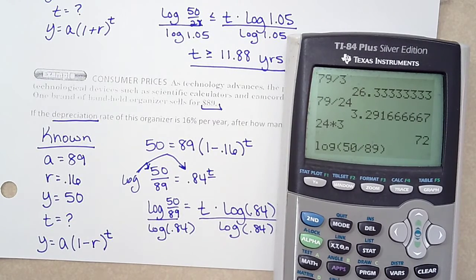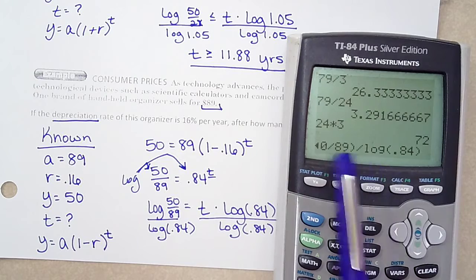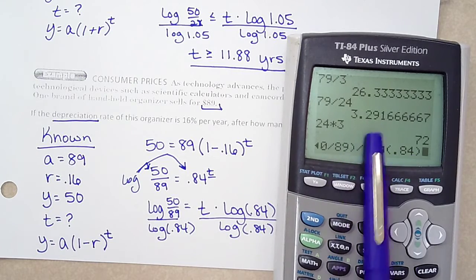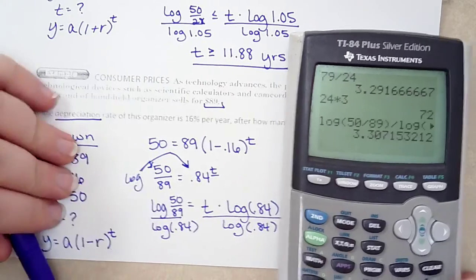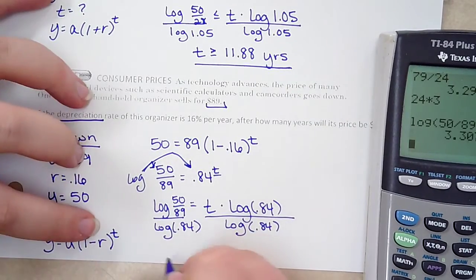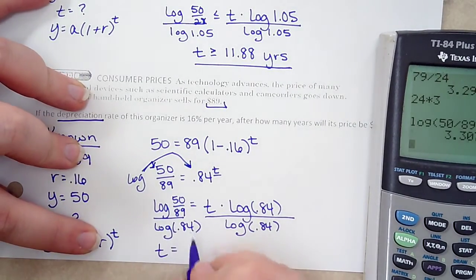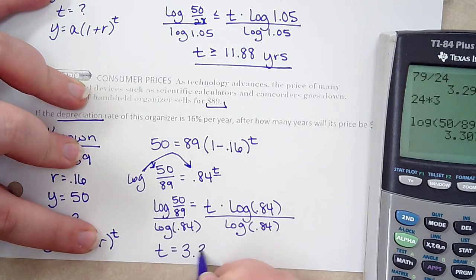Once I've put all of that in, I'm going to divide by the log of 0.84. And again, I'm going to close my parenthesis. This tells my calculator where to stop the logarithm and where to start the division. Doing this allows me to get the correct answer of t equal to 3.31 years.